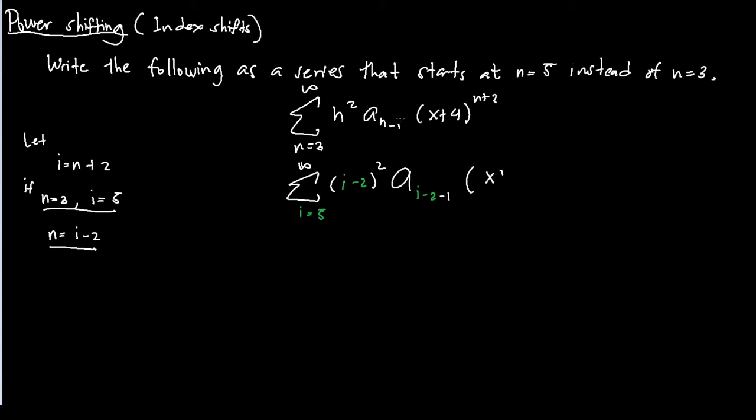And then x plus 4, n plus 2 is I minus 2 plus 2. Right, now evaluating all the changes, that's I plus 2, nothing there. And then here, negative 2 minus 1, that's minus 3. And then we have x plus 4. Negative 2 plus 2 is 0, so it's going to be I, right?